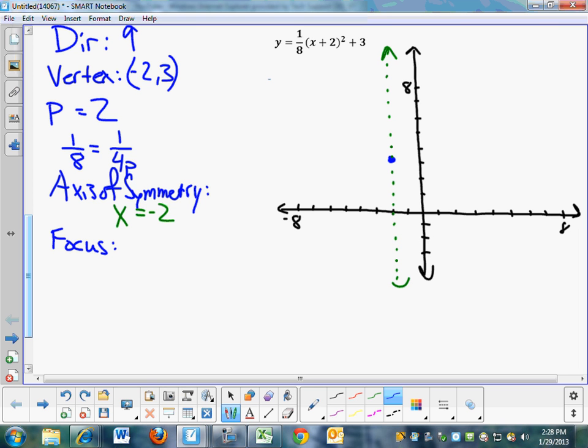Focus point. How many units do I go to the inside of the vertex? P units, 2. So I go up 2 units. What's the location of that? -2, +5. Good.